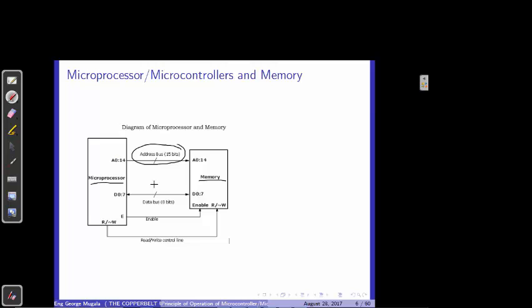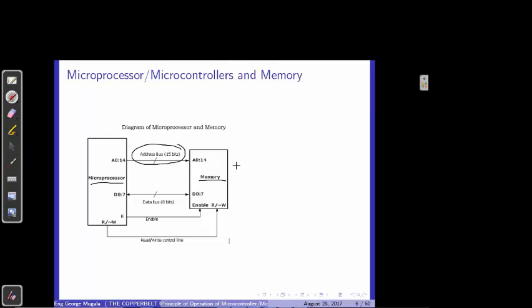The function of the address bus has already been mentioned. We did mention that the address bus is those links that link the CPU or the processor to the memory unit, and its function is to locate the address of a particular cell.